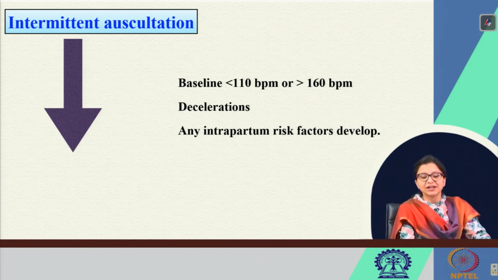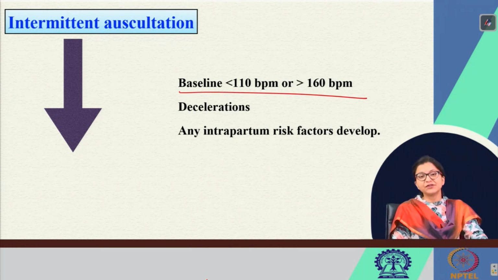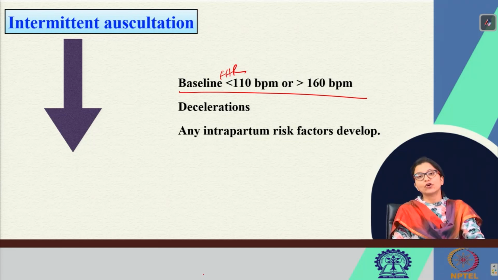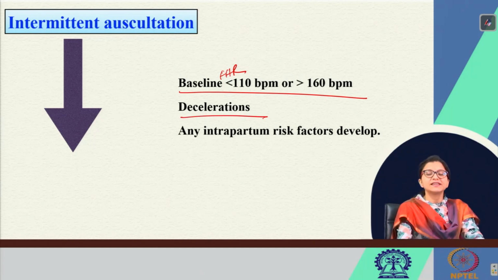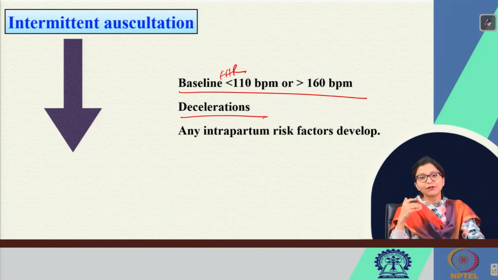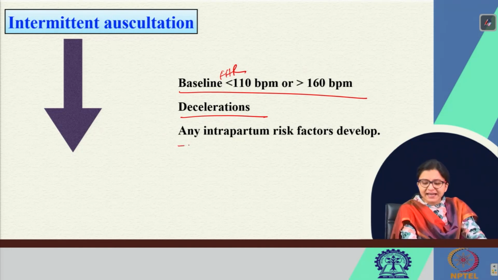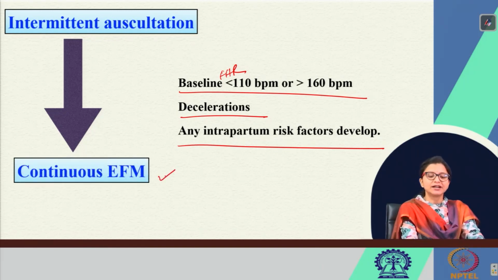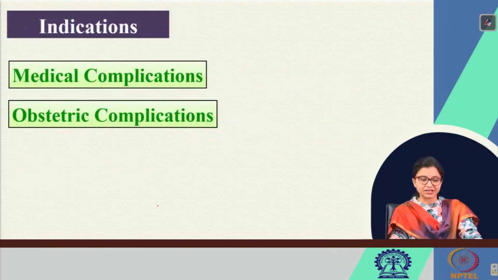But when the baseline fetal heart rate is either less than 110 or more than 160, or you auscultate any drop in fetal heart rate after the uterine contraction in the form of deceleration, or any intrapartum risk factors develop on the part of the mother or the fetus, then we convert the intermittent auscultation to continuous electronic fetal monitoring.